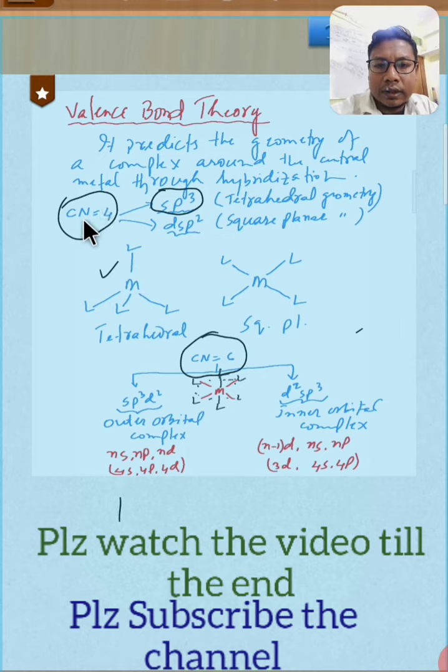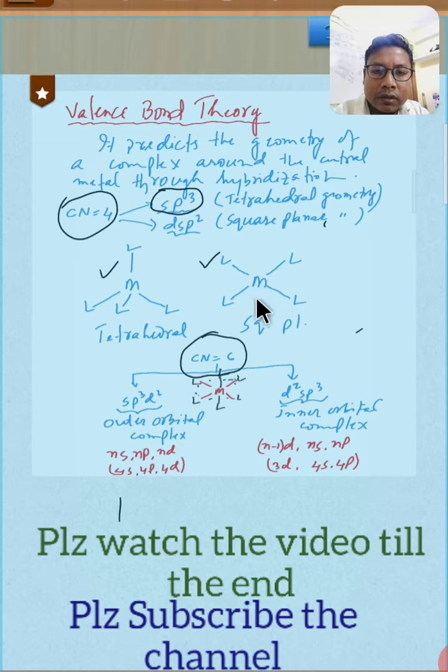And another hybridization possible for coordination number 4 is dsp2, which is square planar in geometry. Okay, so square planar geometry is drawn here. So this is in the same plane, and this is particularly in case of 4d and 5d series elements.